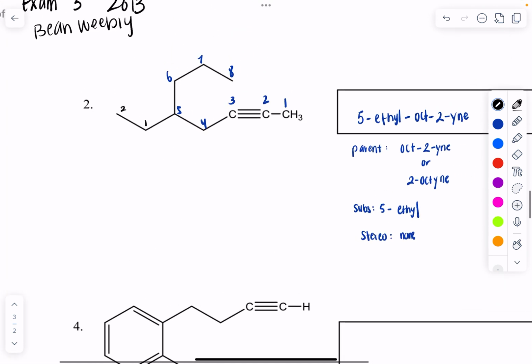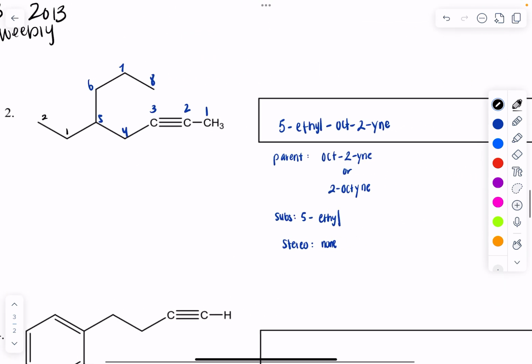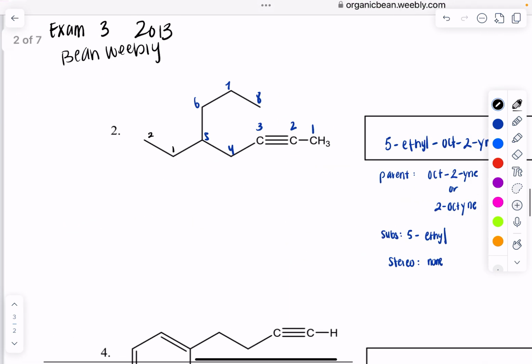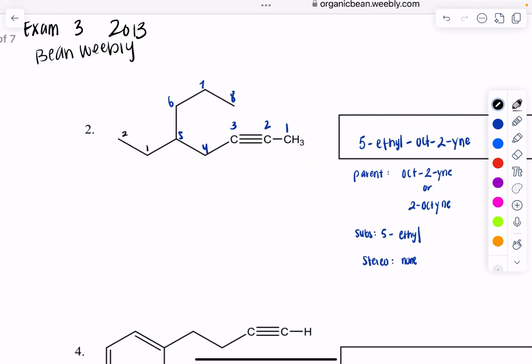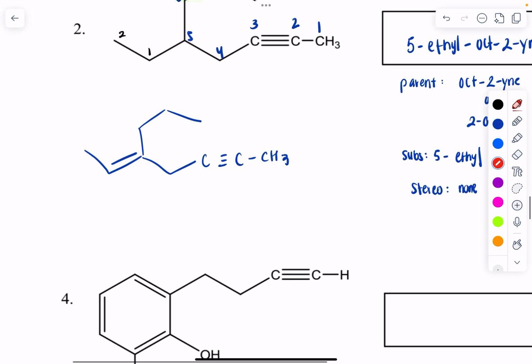And just to verify, okay, so for some reason on the answer key, it looks like there was a typo whenever they made this problem, like whenever it was uploaded, because if you look on the key, the original provided example is actually this. But we'll just show you how it would be with this. So if you have this 1, 2, 3, 4, 5, 6, 7, we hit the double bond at 2, and we hit the triple bond at 5.